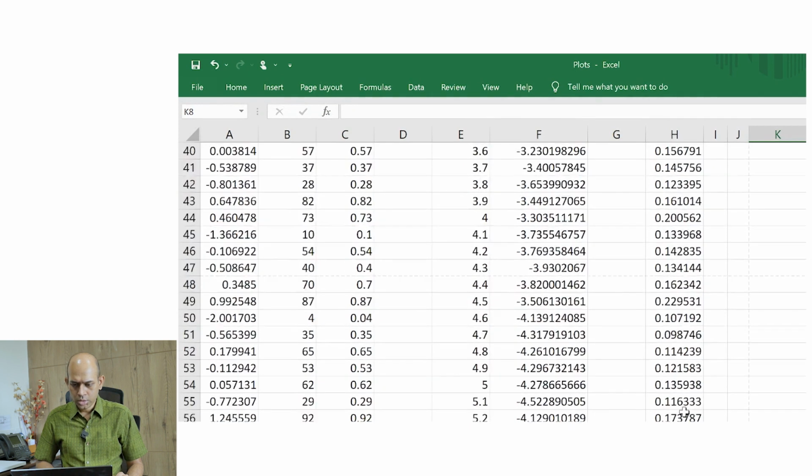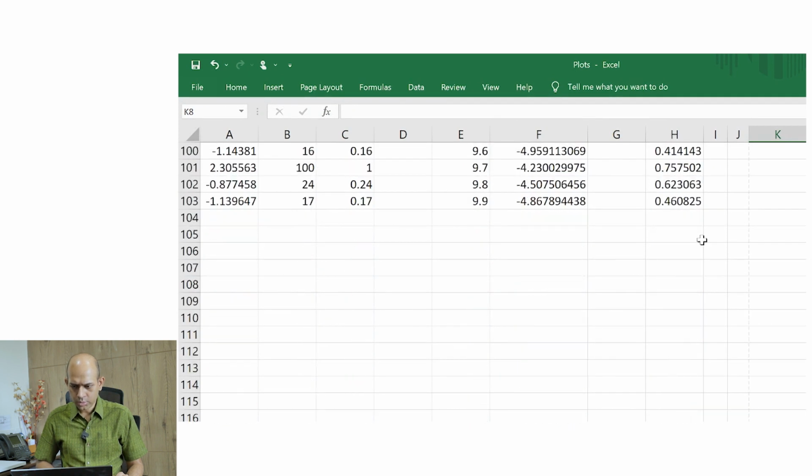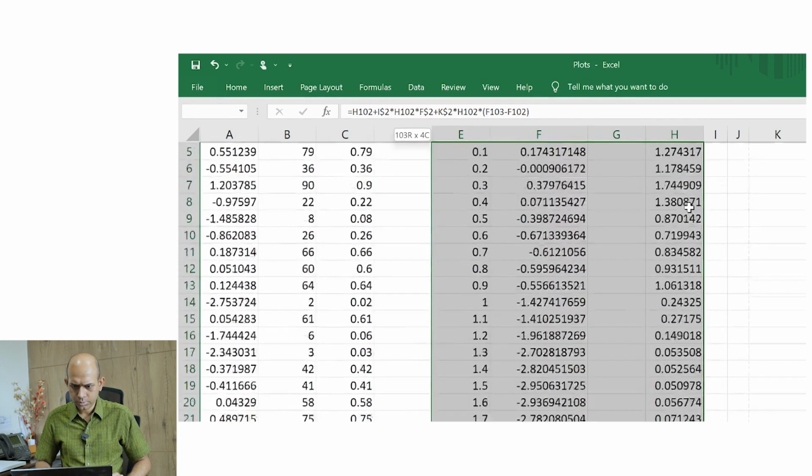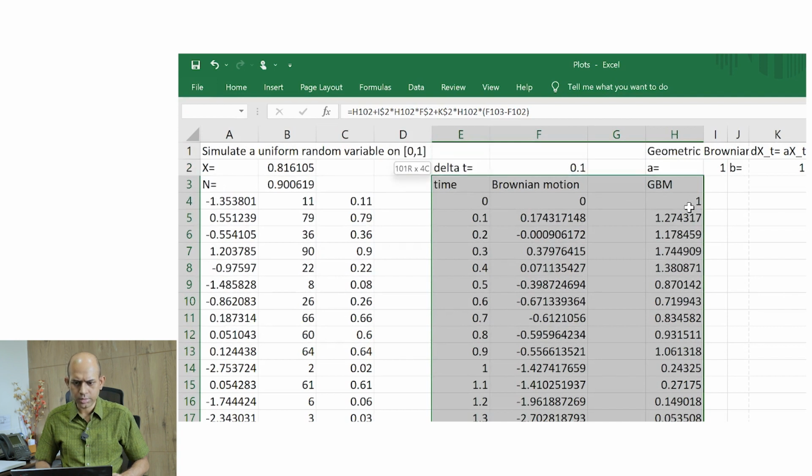Now what we do is plot Brownian motion and geometric Brownian motion in the same frame against time, so that we can compare the dynamics of Brownian motion and geometric Brownian motion. We can also see how Brownian motion influences the dynamics of geometric Brownian motion.